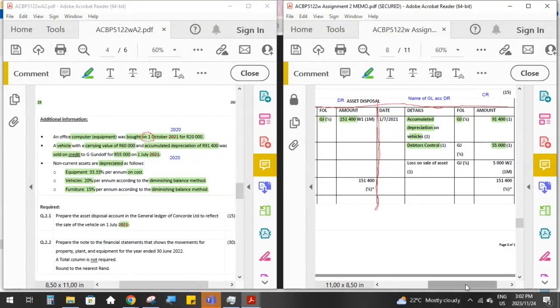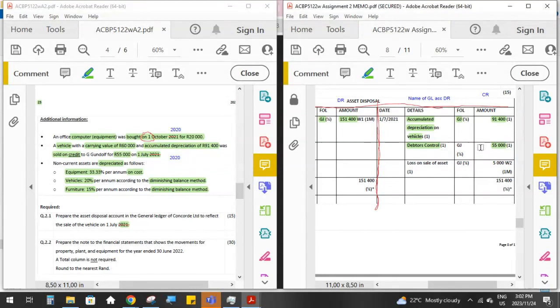Then our remaining 4th step is to work out, did we make a loss or a profit on the sale of this particular asset? And then we record that in the profit or loss on sale of asset. The way we do that is we add up the left-hand side, which is 151,400. We add up the right-hand side, because remember at this point in time, this entry is not yet here.